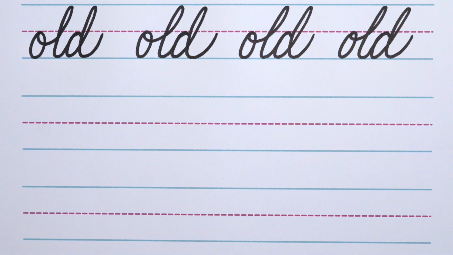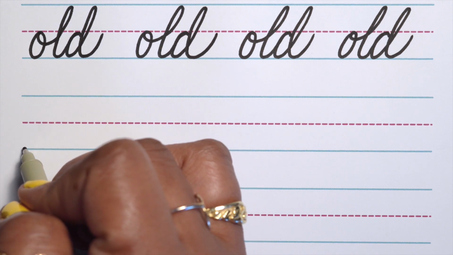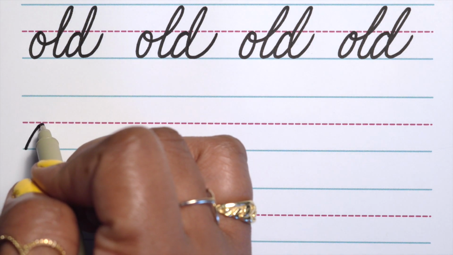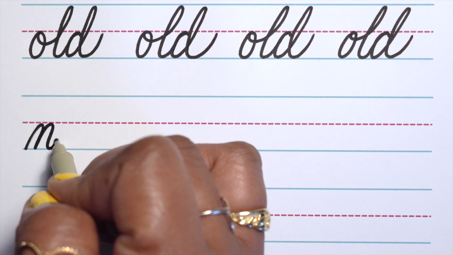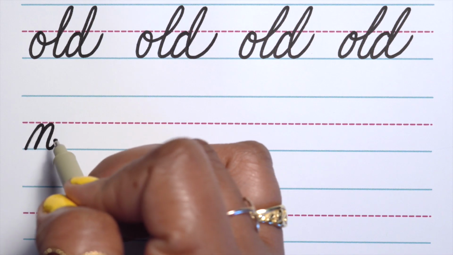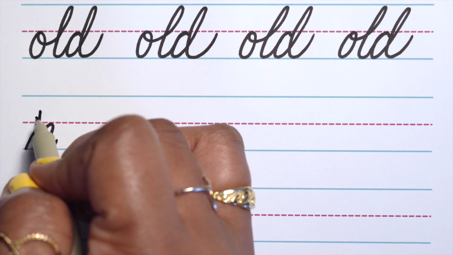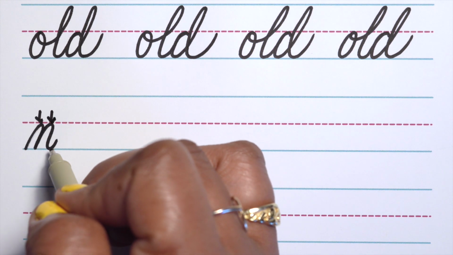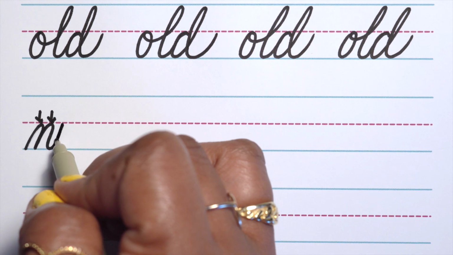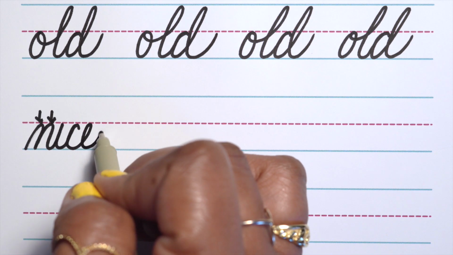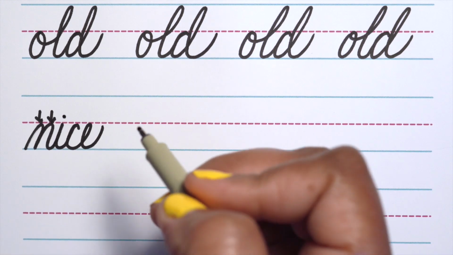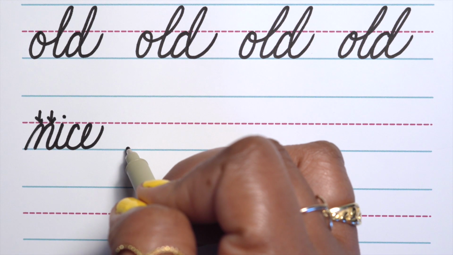Our next word is nice. Remember, our N has 2 humps. 1, 2. Now let's continue. Good job. Let's try it a few more times.